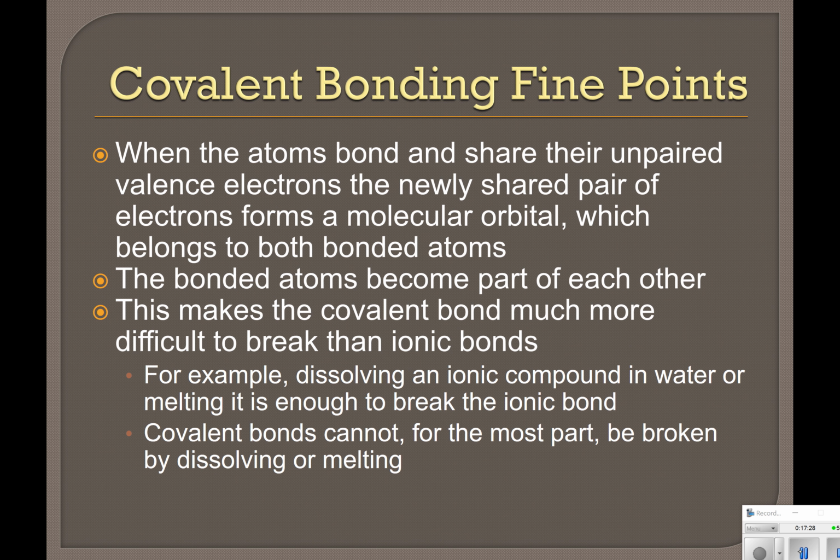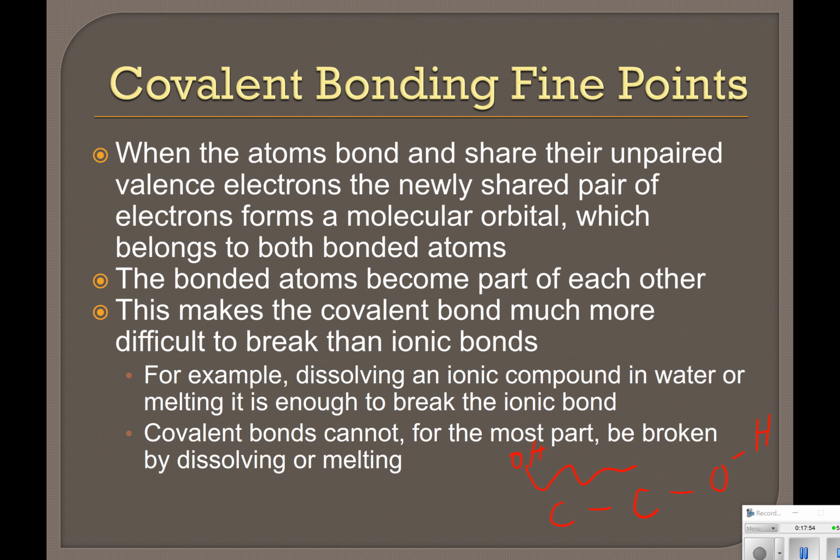But covalent bonds cannot. If we think of, and I'll just do something real quick, let's call this a sugar. If we were to try and dissolve a sugar into water, where you have a bunch of carbon and oxygen and hydrogen bonds here, these carbons are not going to separate from each other, or the carbons from the oxygens in the sugar molecule, like it would if it was ionic.